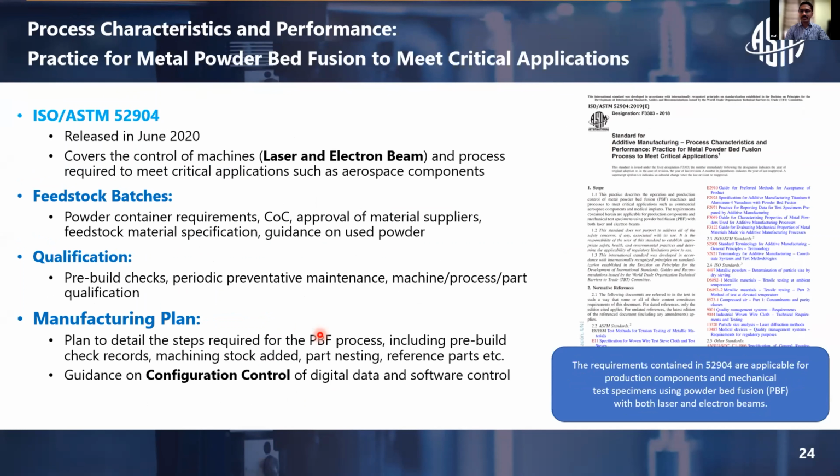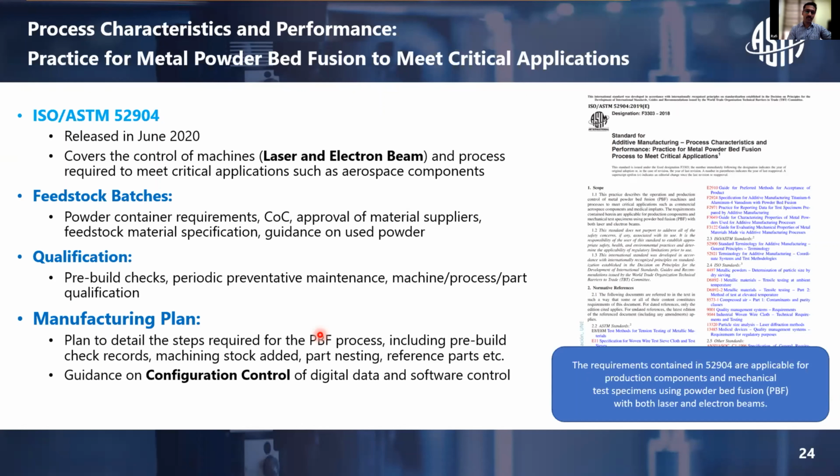There's another standard, again for critical applications like aerospace and medical, the ISO ASTM 52904 standard. This standard gives you the requirements that you need to meet when you perform a process for producing a part which is to be used for applications in medical or for aerospace.